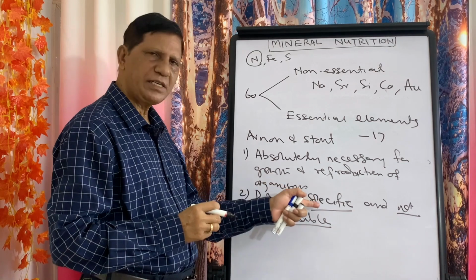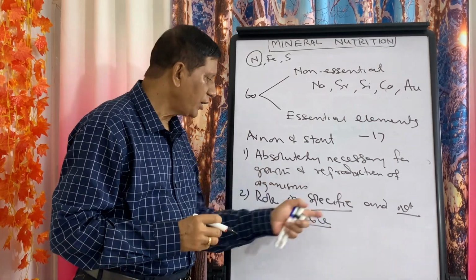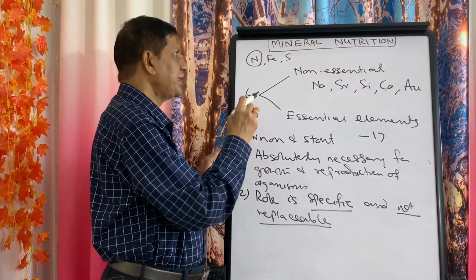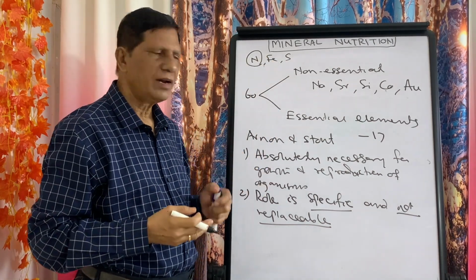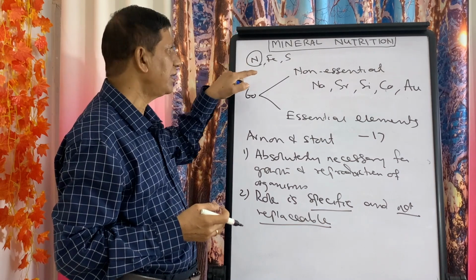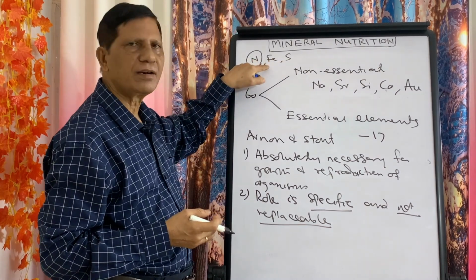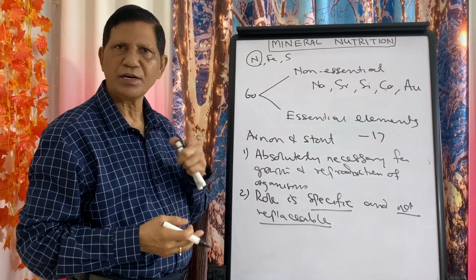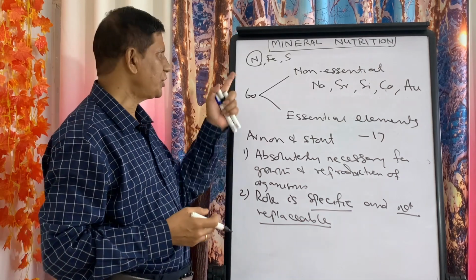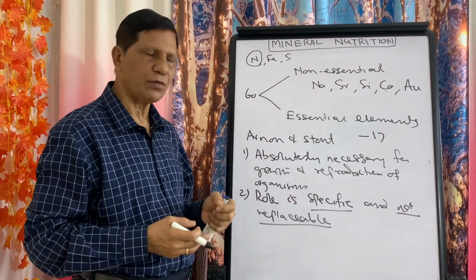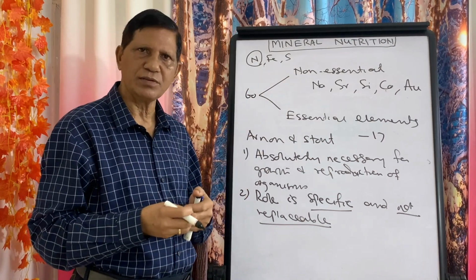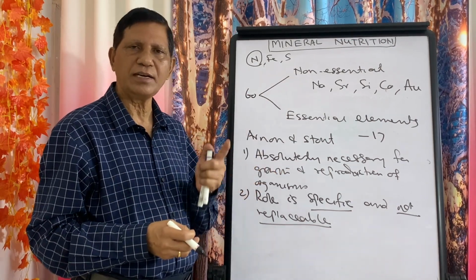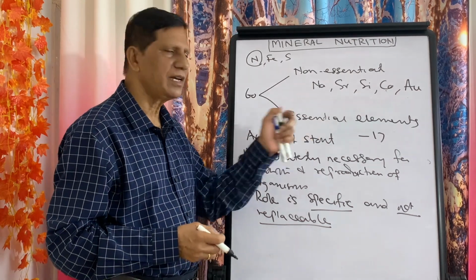That means the role is specific, but it is not replaceable. Suppose we think that iron and sulfur also take part in synthesis of chlorophyll, so if nitrogen is not present, let us supply more sulfur or iron so that it can be replaced. But no, because each one has some specific role. Nitrogen plays a specific role. Iron, sulfur, they all have specific roles. It is not replaceable. So that is the importance of the essential elements.